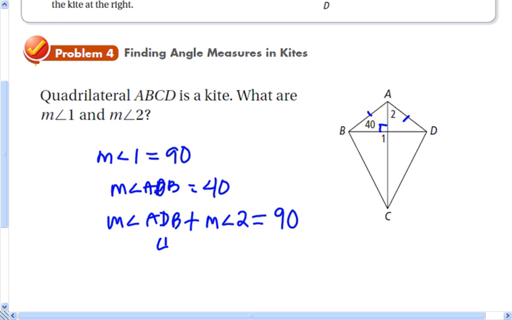And ADB is 40. So the measure of angle 2 is equal to 50. All right.